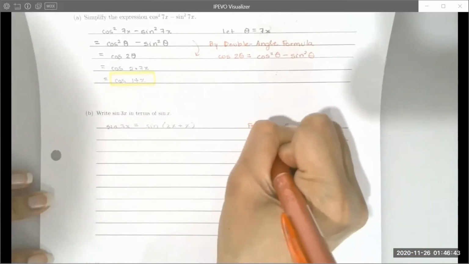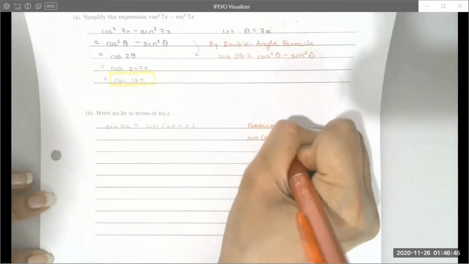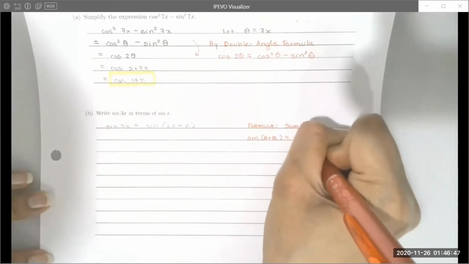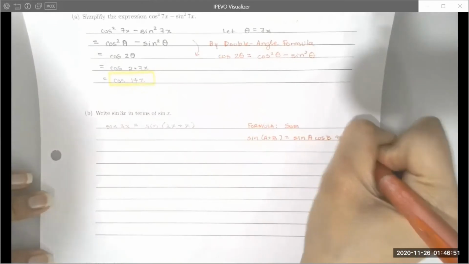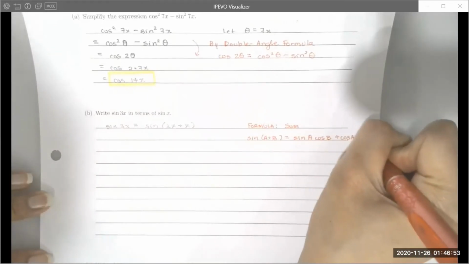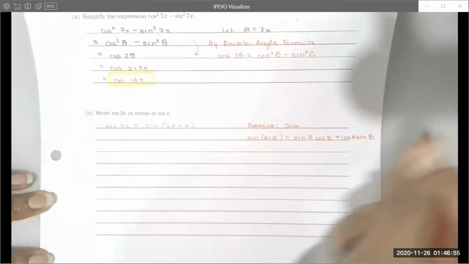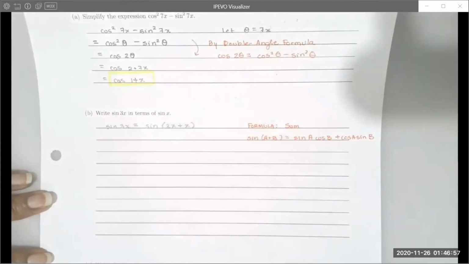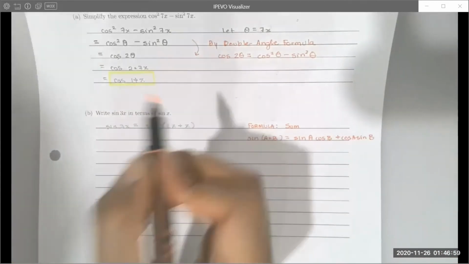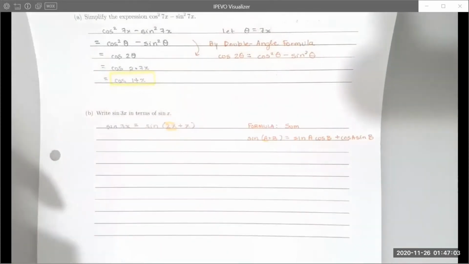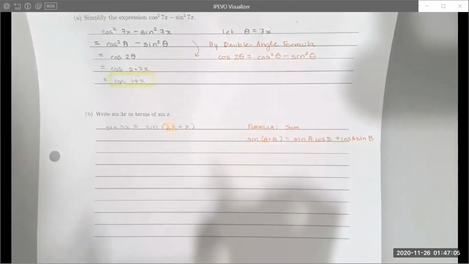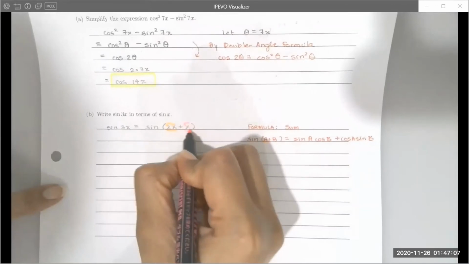Sine of a plus b is equal to sine of a cosine b plus cosine a sine b. And in our case, we have a 2x for a and an x for b.